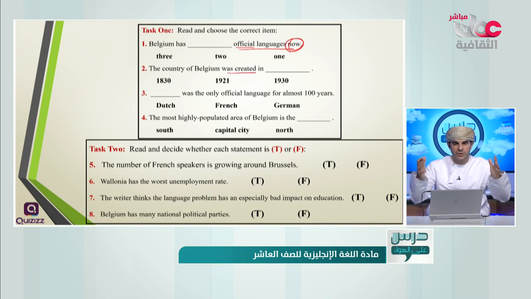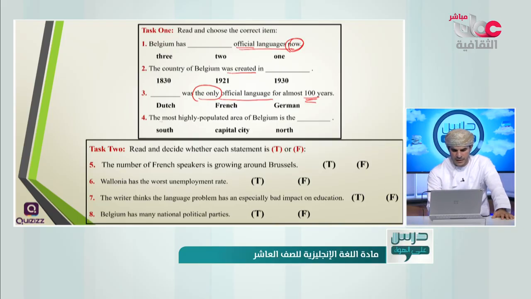is a country. In which year? 30, 21, or 1930. Dutch or French or German was the only official language for almost 100 years. Which language was the only official one?